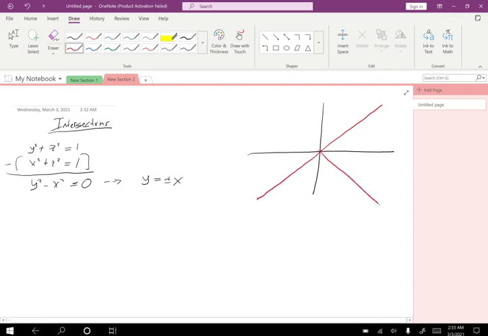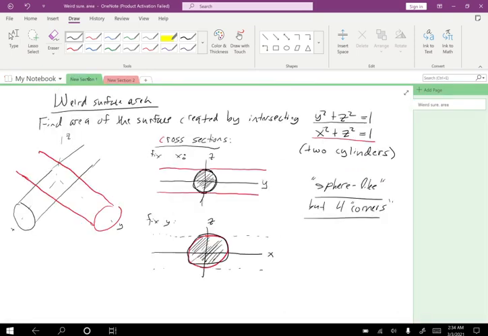So this actually partitions the x and y plane into 4 regions. We might call this region 1, we could call this region 2, 3, and 4. And it's clear there's symmetry, right, because these cylinders are all symmetric.